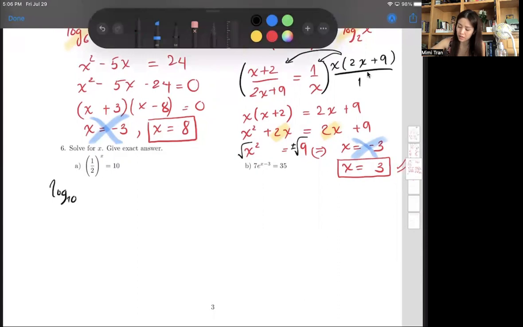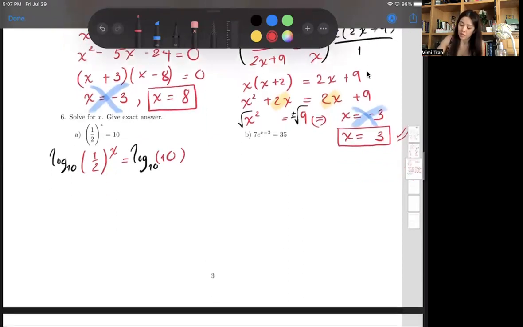Log base 10 of 1/2 to the x equal log base 10 of 10. All right, so on the left-hand side, I can use the power rule and then bring the x down. So that means it will be x times log, instead of log base 10, I'm just going to write log, of 1/2. Equal, on the right-hand side, log base 10 of 10 is 1, right?